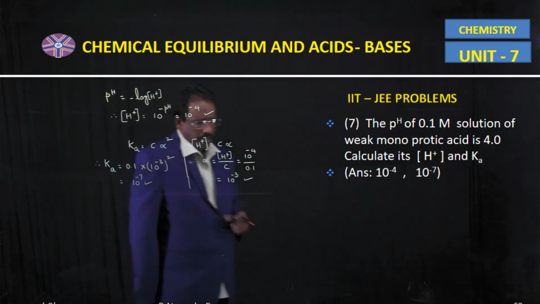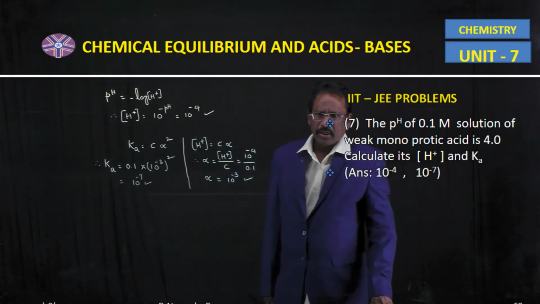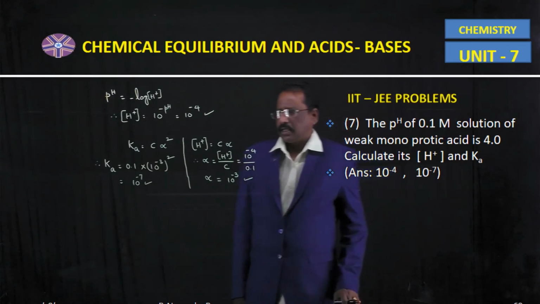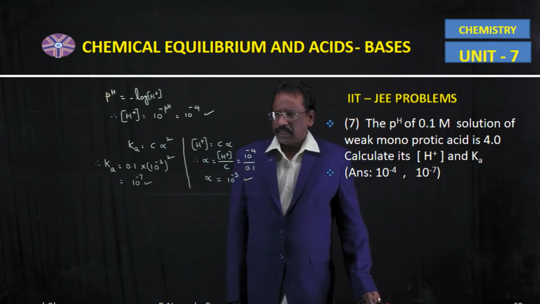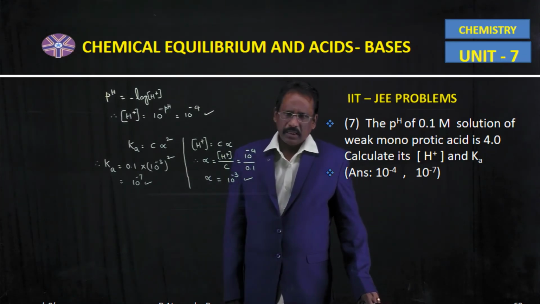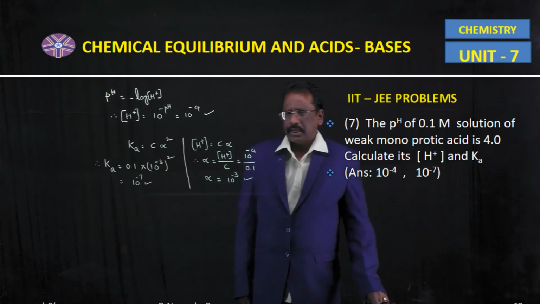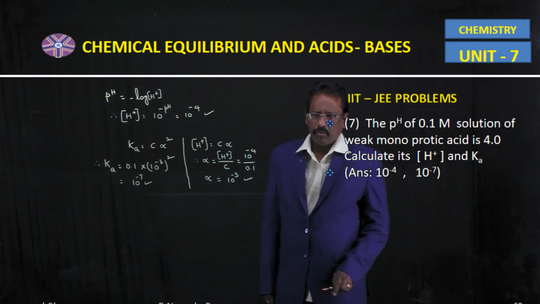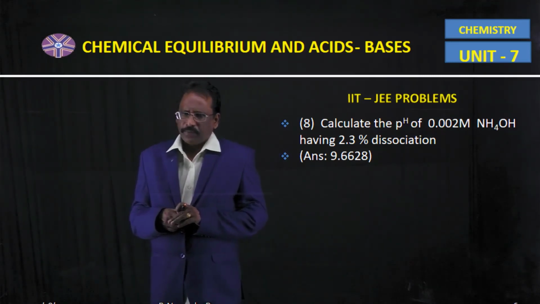So in this problem, the dissociation constant of weak acid is equal to 10 power minus 7 because the degree of ionization of this weak acid is 10 power minus 3 and concentration of this weak monoprotic acid solution is 10 power minus 1.